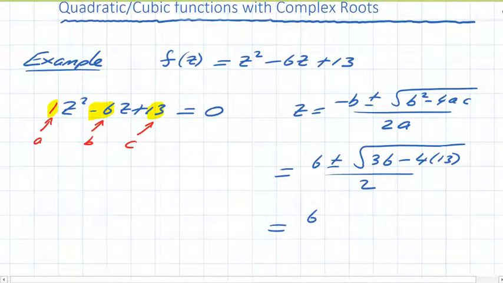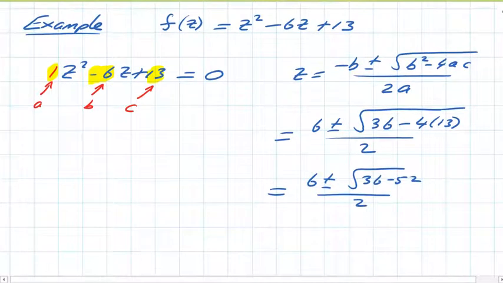So that's 6 plus or minus the root of 36 minus 52 over 2, which is 6 plus or minus the root of minus 16. Be careful there, that's a minus 16 because it's 36 minus 52.